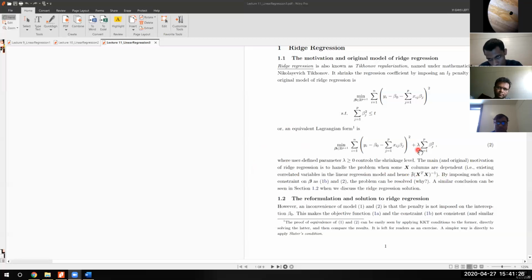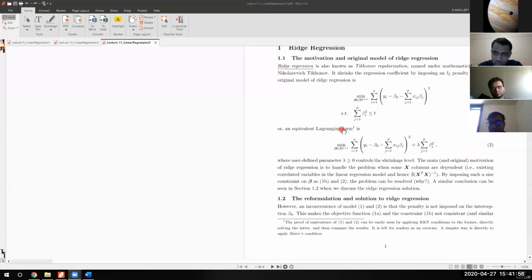However, if you have a lambda with a decent size, you're going to have, for example, beta 1 equal to 0. In this case, even though your x1 is dependent on your x2 and x3, because my beta 1 is 0, your x1 is going to be removed.